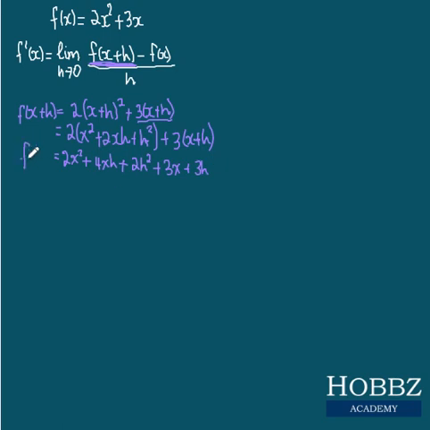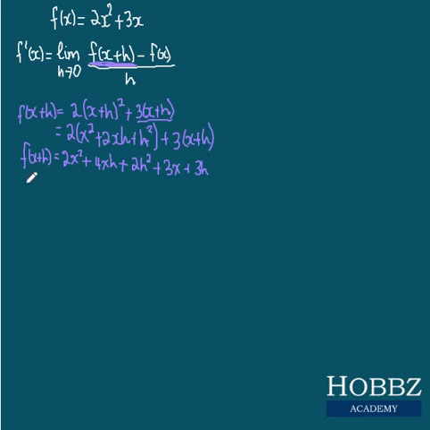So now we do have the function f of x plus h. We can now take this and plug it in for f of x plus h in this limit.